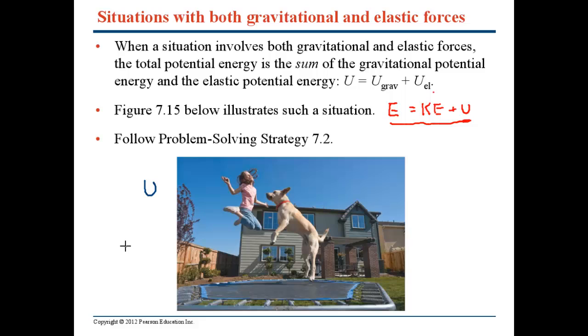As she's falling down, she's gaining kinetic energy. She's losing potential energy, so her potential energy is getting smaller. And then when she is bottomed out on the spring, I'm going to make sure I write U gravity right here. When she's bottomed out on the spring, all she has is elastic potential energy from the spring.